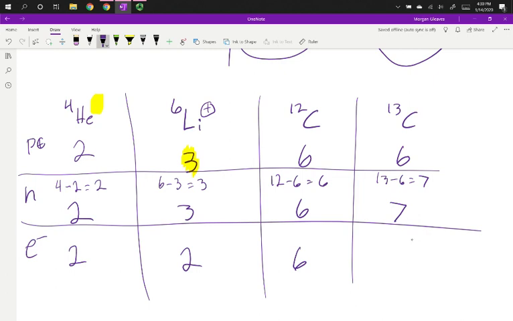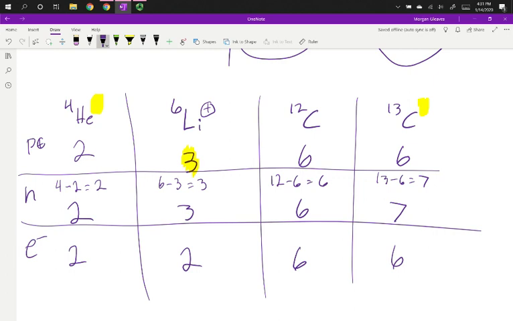In terms of electrons, though, I'm still without charge. It was empty. So I must have just as many electrons as protons. And so we can see that the only difference between isotopes is that our neutrons go up. So carbon 12 and carbon 13 are isotopes of carbon. And the only difference between them is that their neutrons is different.